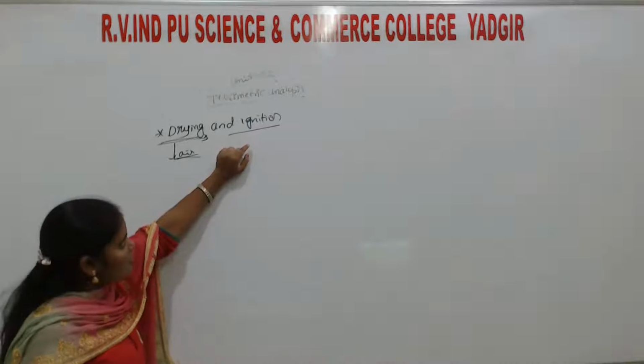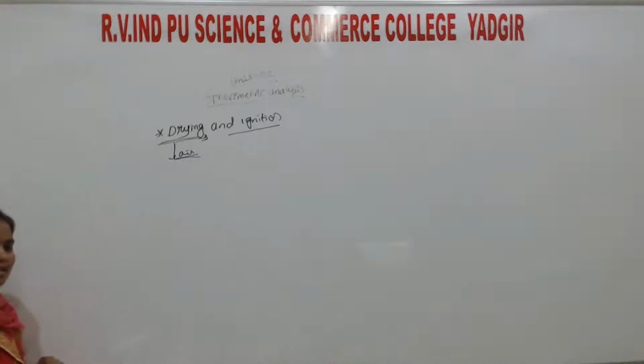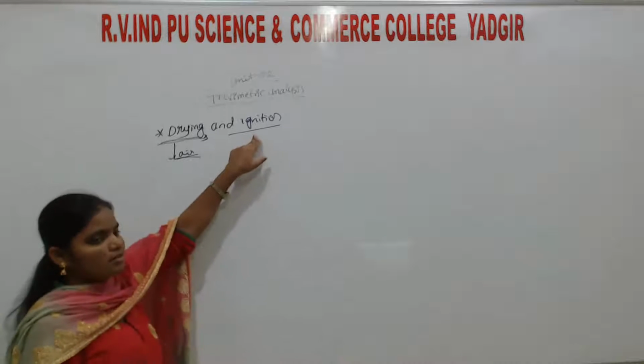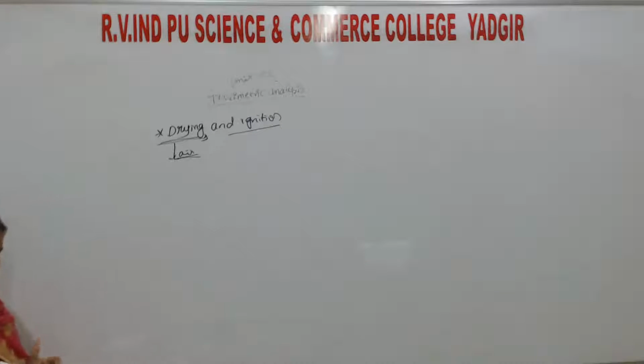Then the crucible is kept in an electric burner, and ignition is done. Ignition means it is heated red hot, at a high temperature, and residues are formed.